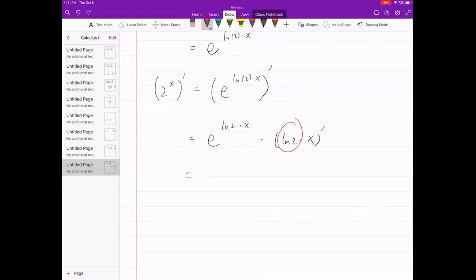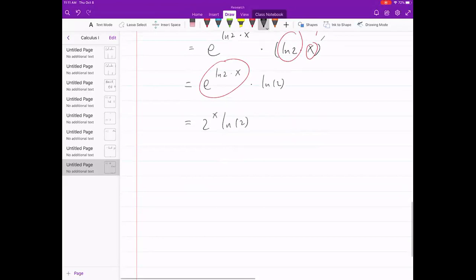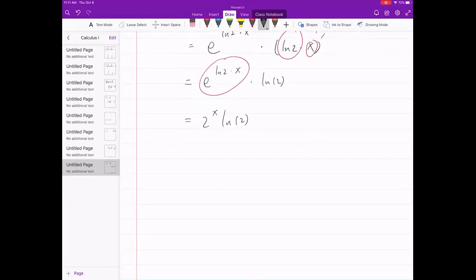The derivative of this one is 1. Together, it's e to the ln2 times x times ln2. Now you can recover this to be 2 to the x times ln2 again. Sounds good?